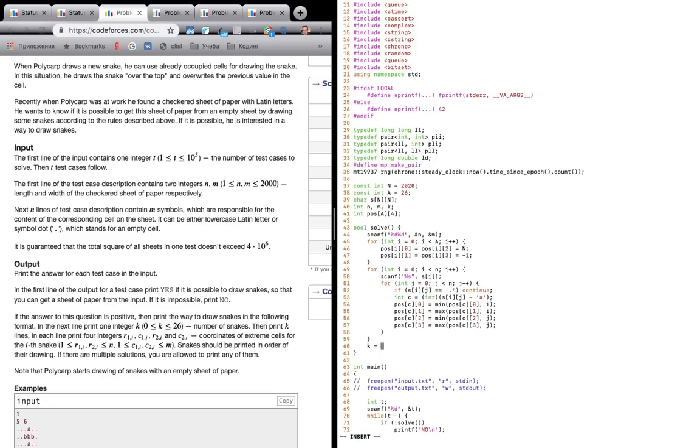Okay, so now I want to find the biggest symbol that was on the sheet of paper. That means that a sheet of paper is empty and it's fine.